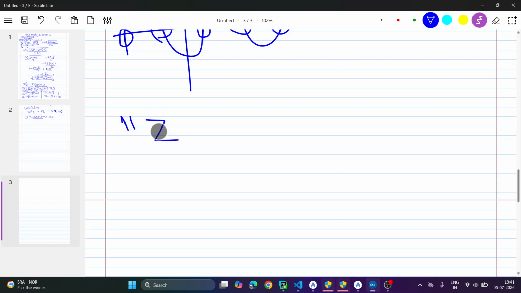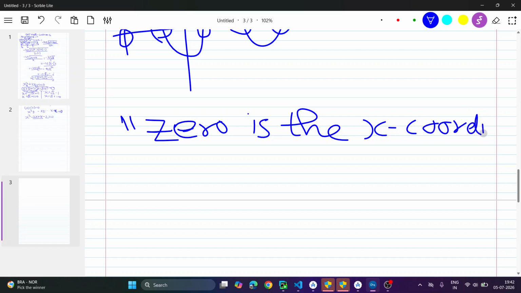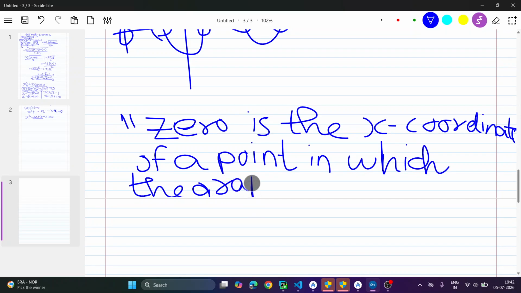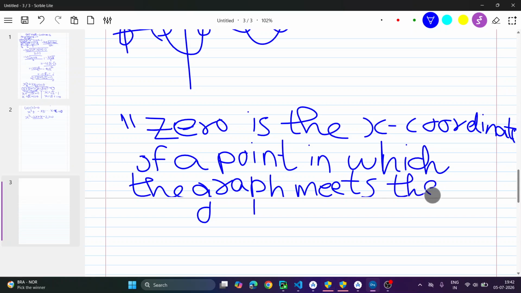See, a zero is the x coordinate of a point in which the graph meets the x-axis.